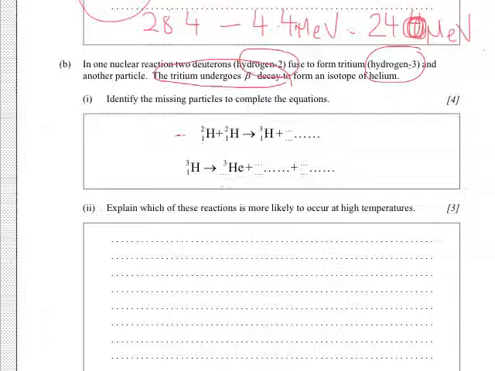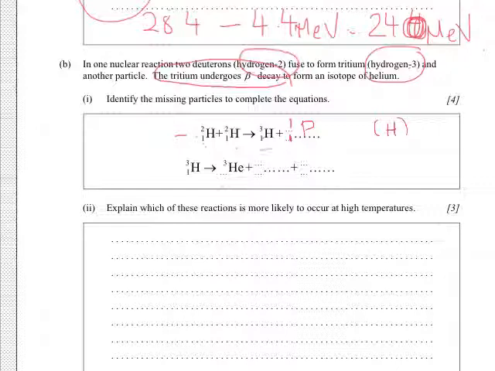We have 2, 1, 2, 1. So here we basically have 1 left over. If we add up 3 plus 1 will give us the 4 that we had in the first place. And then the same here, we have 2, so this must be 1. And basically, if we look at this, we can see that it's a proton that's given off. Or you could say a hydrogen nucleus, because it's a very simple hydrogen nucleus.